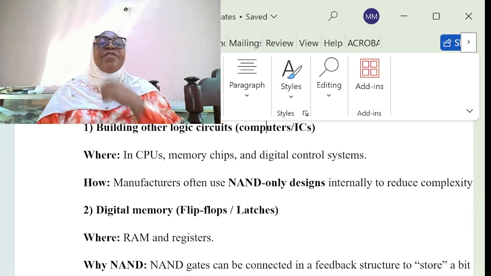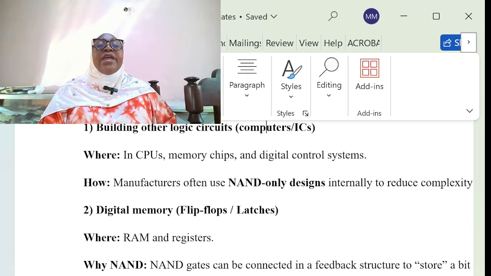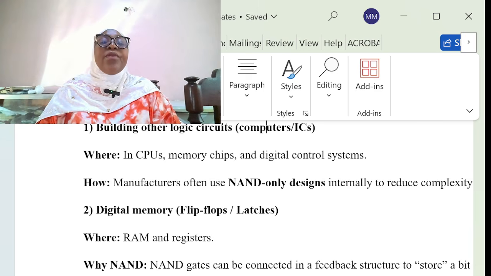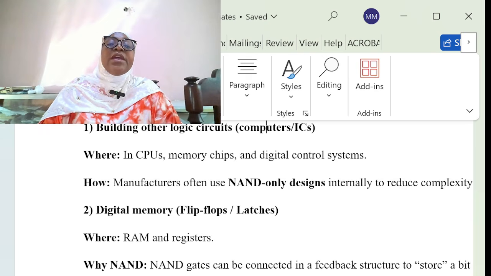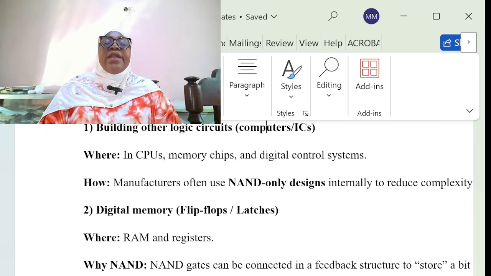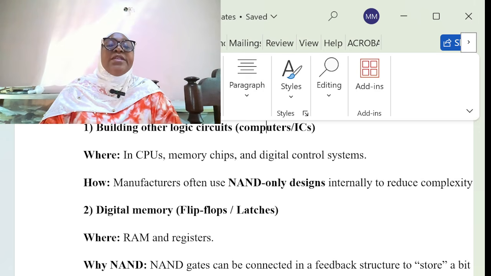Manufacturers often use NAND design only. In this case, they can reduce complexity and also reduce the cost.